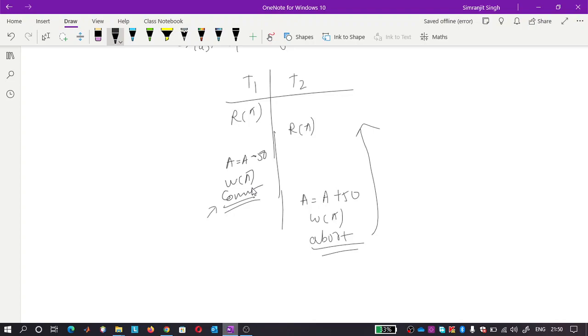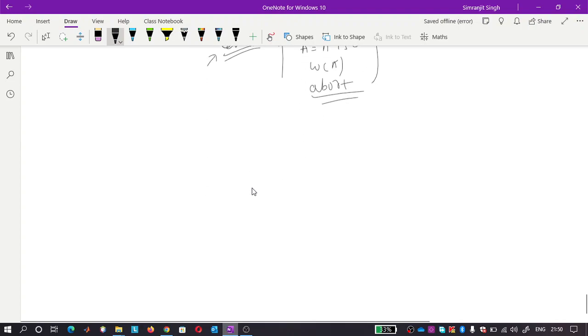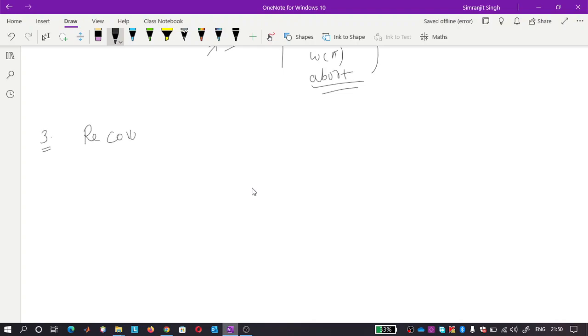Okay, so now the most important schedule is the recoverable schedule. Understand this schedule very carefully because it poses a lot of confusion. Okay, so I'm writing an example here, just try to understand it.